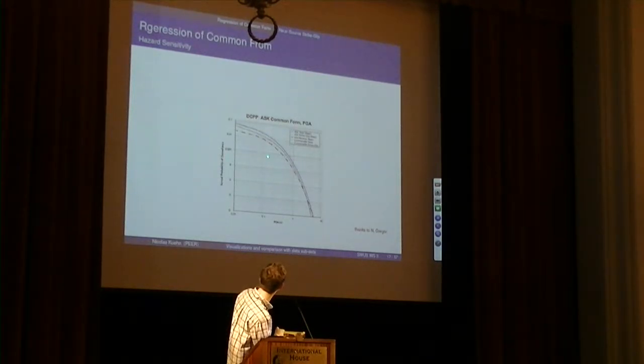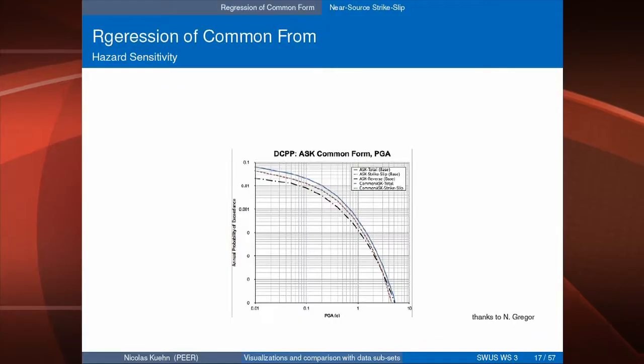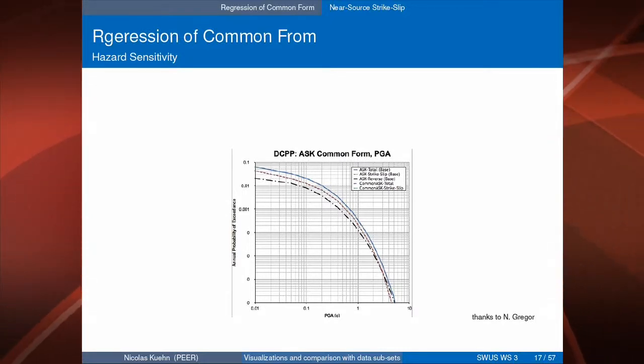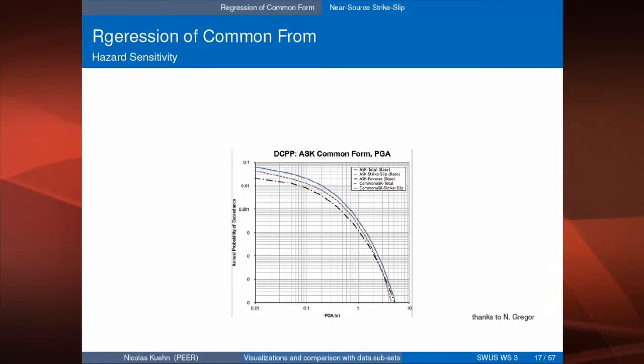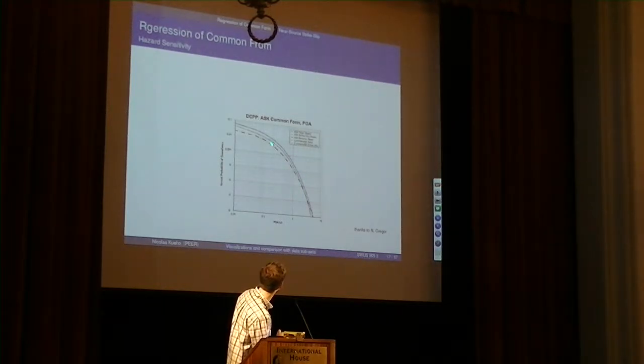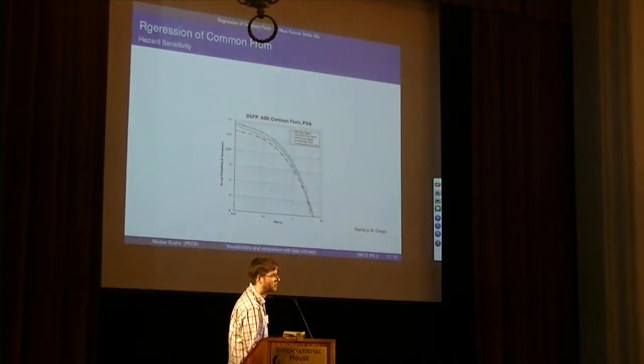And I think green, which is almost the same curve, is the hazard from the fitted common functional form of the strike-slip case. And here is the total, I think. So this is black, and this is actually red and green. They almost coincide.